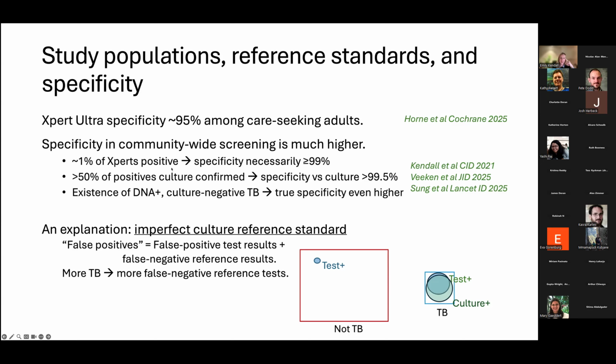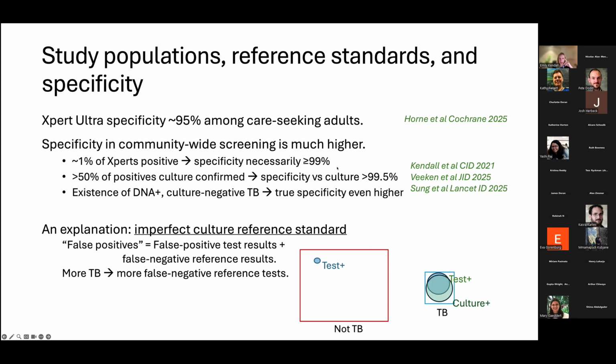There are studies where an effort was made to screen the general population, and the proportion of people who test positive on Xpert, whether that's the ACT3 trial, which was using an earlier generation of Xpert, or work by my own team in Kampala, Uganda, where we used Xpert Ultra for general population screening, was less than 1%.